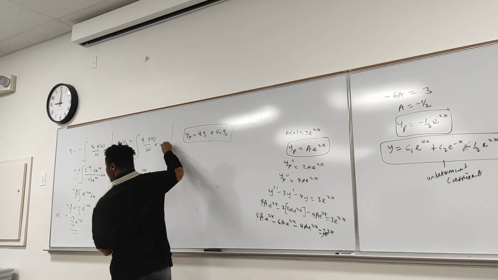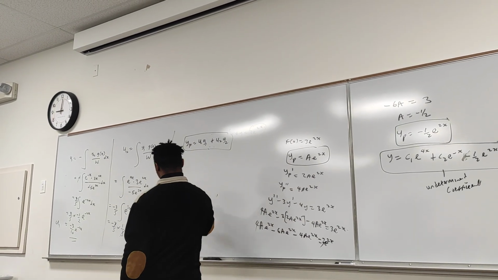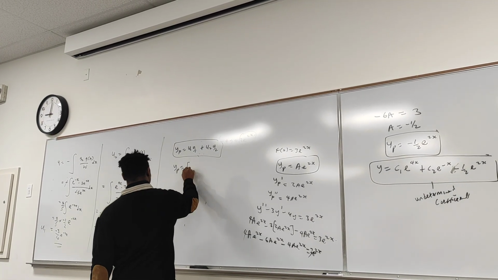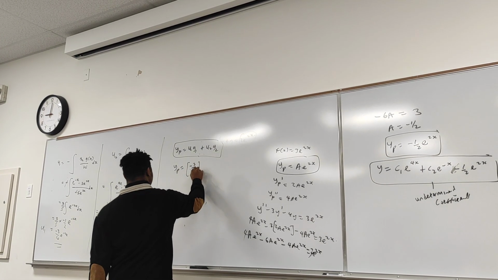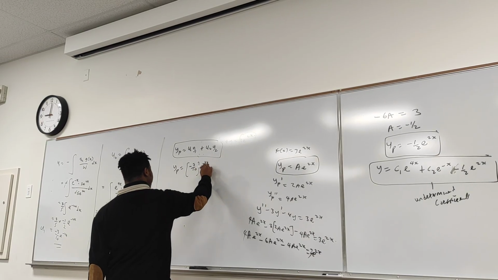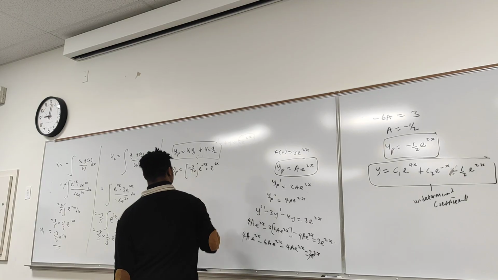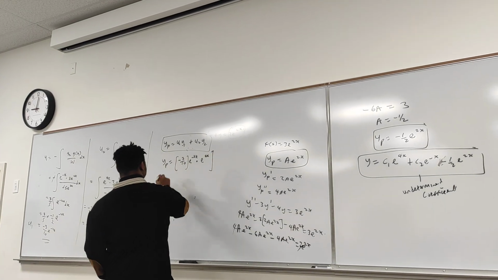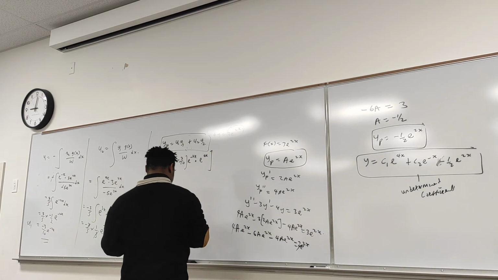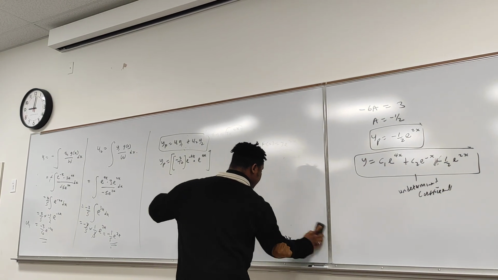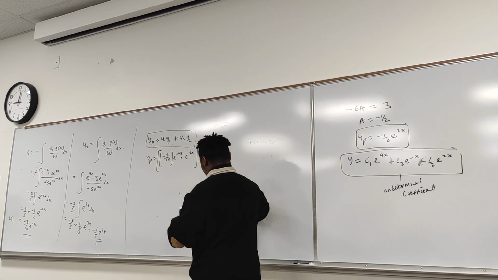Because it's yp we're looking for. So yp becomes, our u1 is negative 3 over 10 exponential negative 2x multiplied by our y1 is exponential 4x, right? So we can put this in big brackets like this.